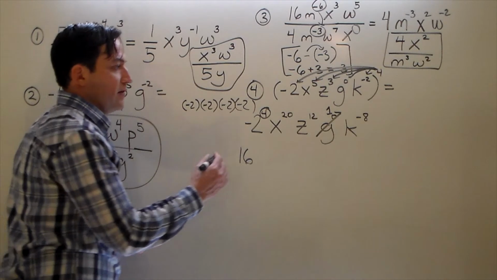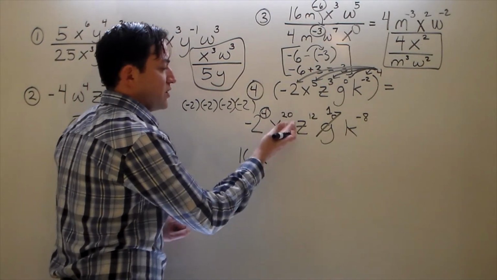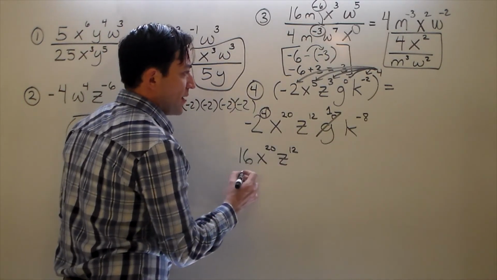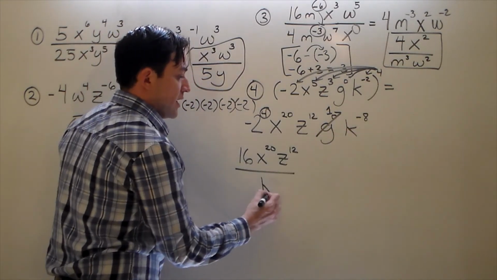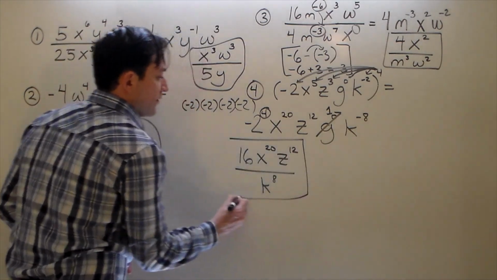We're always going to get a positive with even powers. So here we have just x to the 20th. Nothing's changed. It's just perfectly fine where it's at. Same for this one, z to the 12th power. That went away. And finally, I can just put k to the 8th in the denominator. And that is the simplified version.